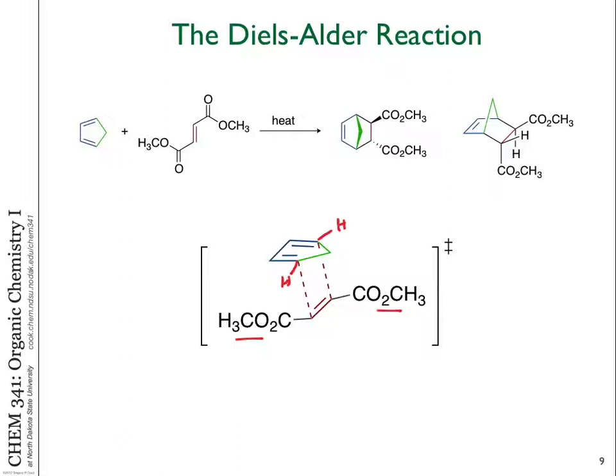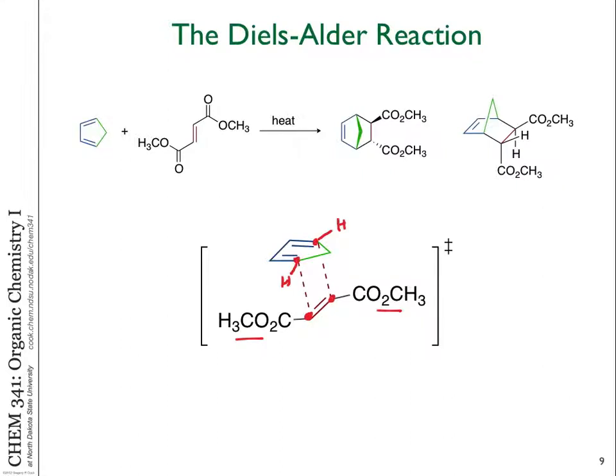Besides the four carbons that I've outlined with the blue bonds here, the orientation of the hydrogen with this group, or this CH2 group that's bridging with that group. As you bring these molecules together, all of those ends that are joining are becoming sp3 hybridized.